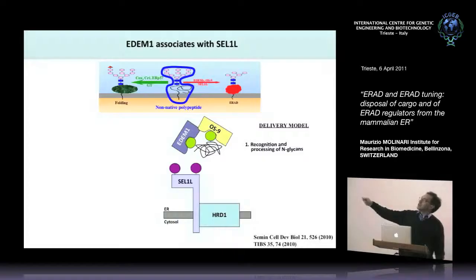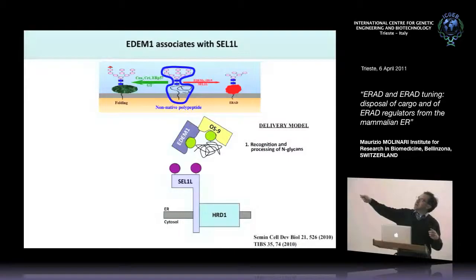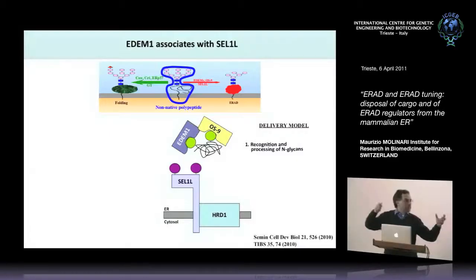And this model predicts that there are proteins, EDEM and OS9, that modify the sugar. This sugar is modified by the glucosyltransferase that puts the glucose and folding chaperones. By eliminating these mannoses, the activity of GT is not possible anymore. And the idea is that these two proteins bind the sugar of the misfolded proteins.